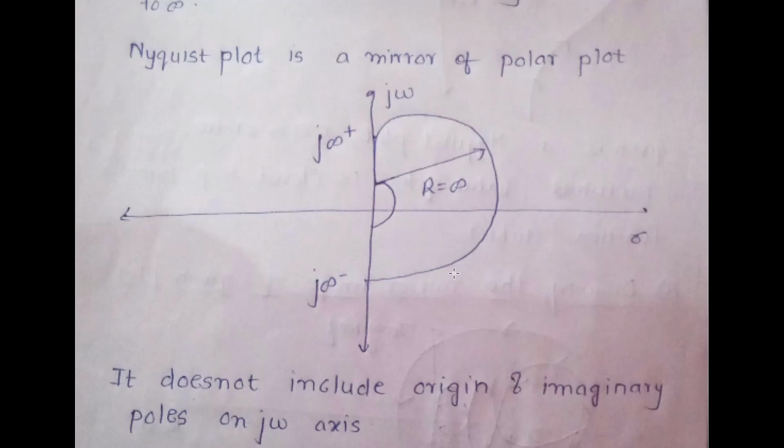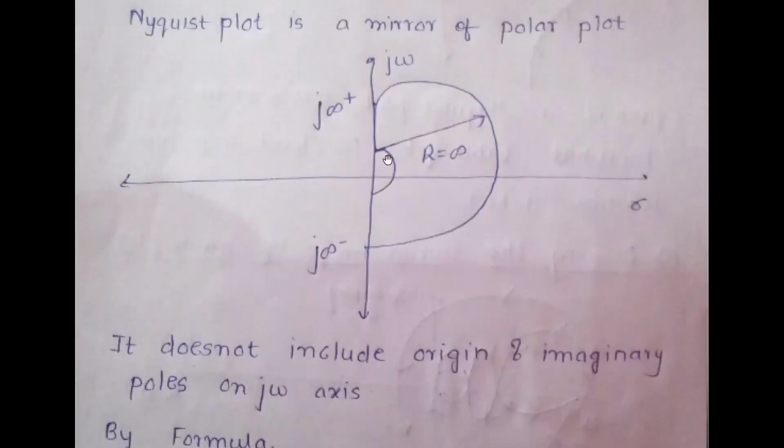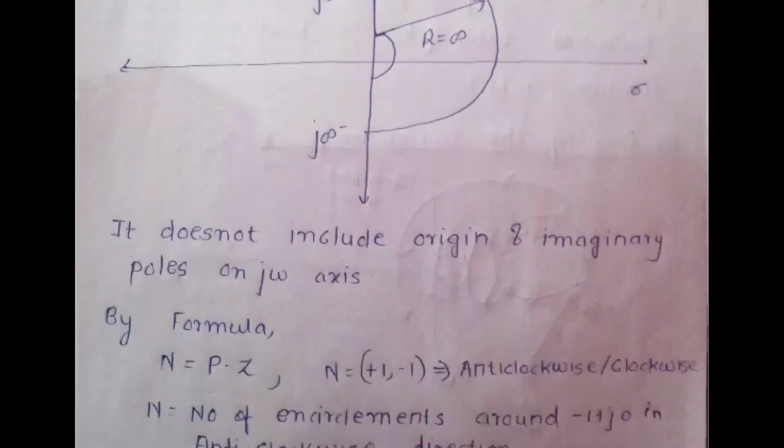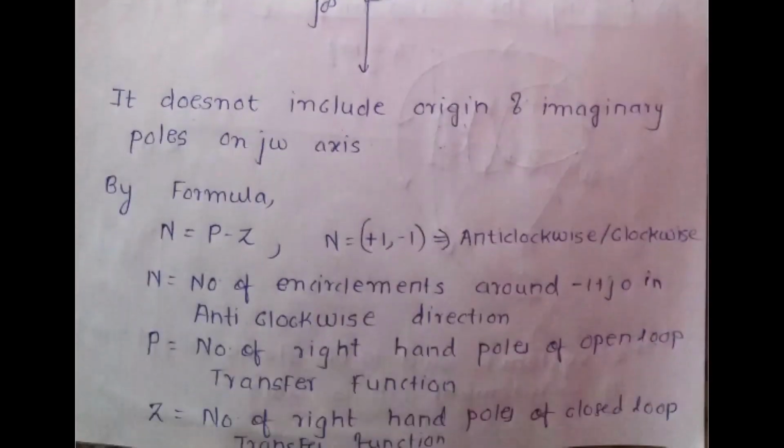I hope I am very clear with this. The same thing is given down below, there is nothing new in that. We'll just go through it and you'll have a better understanding of the same. The Nyquist plot does not include the origin, and it goes from minus infinity to plus infinity. So how do I use the Nyquist plot for stability purposes?